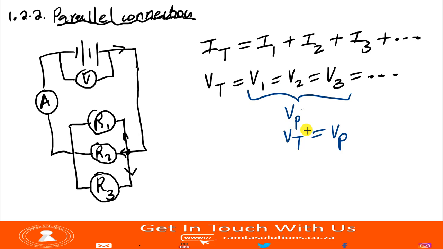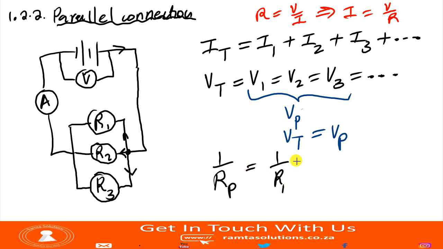So now, having said that, let me remind you, R is equal to V over I. Now, if we say I is equal to V over R, we are going to find that 1 over R sub P will be equal to 1 over R sub 1 plus 1 over R sub 2 plus 1 over R sub 3, and so on.